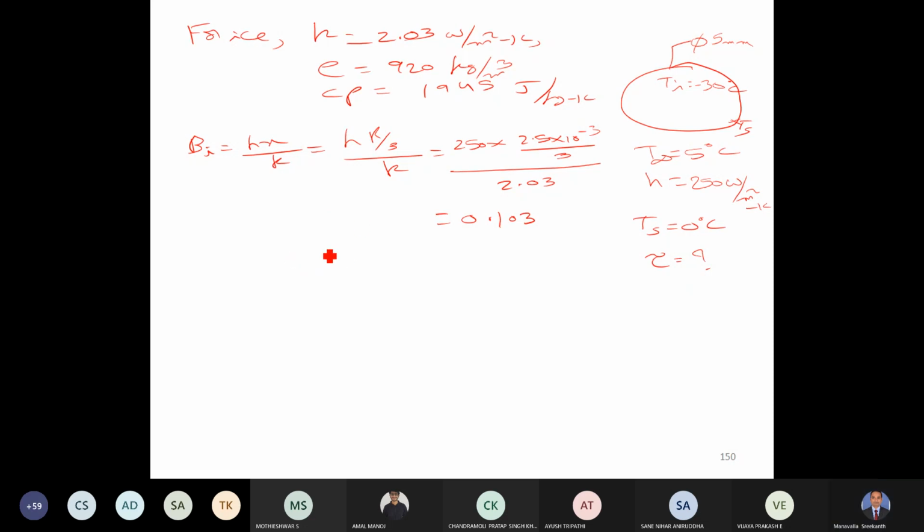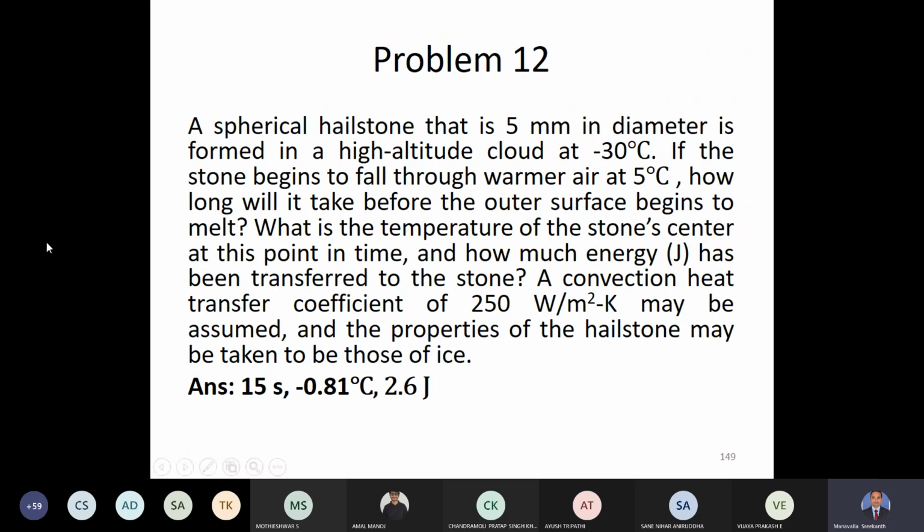So let us go by the charts now once again for a sphere. The charts for the sphere are on page numbers 80, 81, and 82. In this problem, we have to find several things. One is how long will it take before the surface begins to melt?